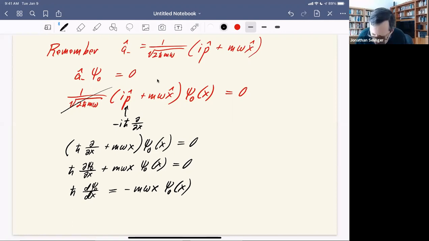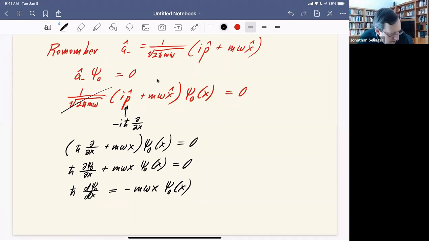I'm going to get all the psi stuff on the left side and all the x stuff on the right side.